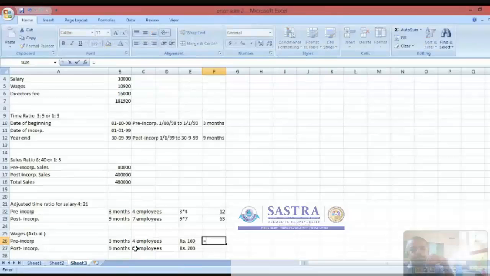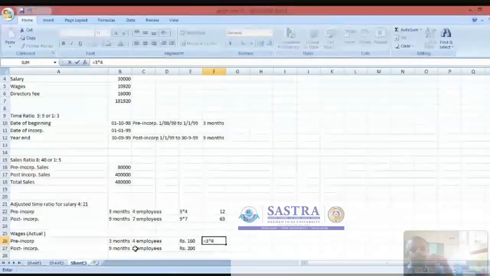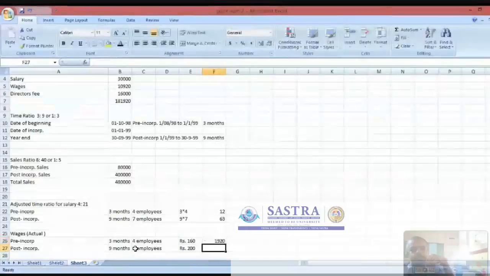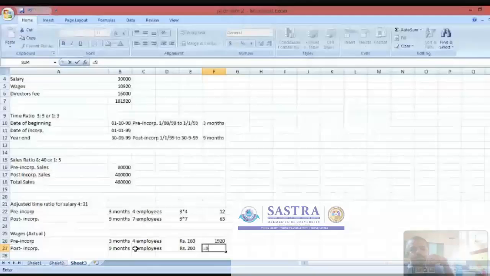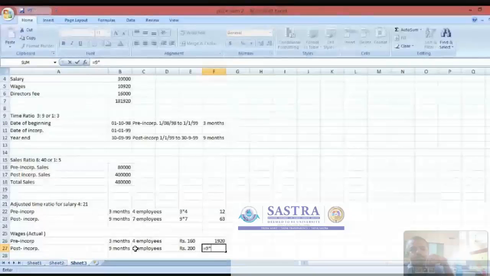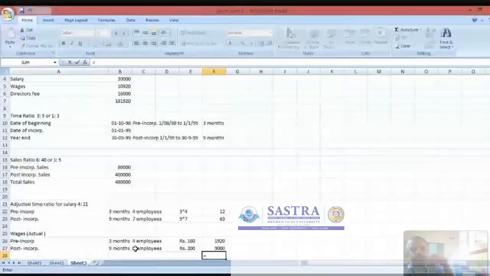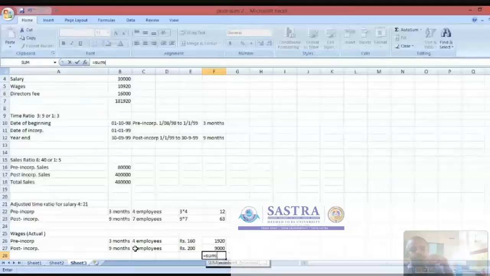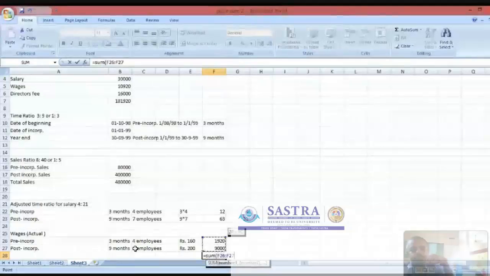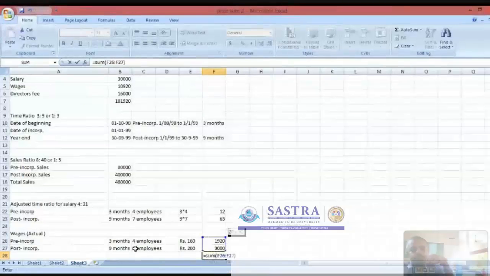So 4 employees into 3 months into 160 per employee. Here 9 months into 5 employees into 200 per employee. So if you calculate the total, it's supposed to tally with the book answer 10,920.